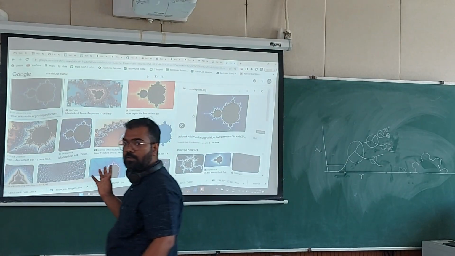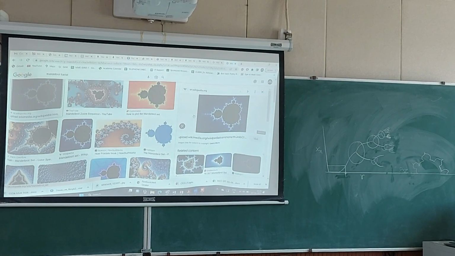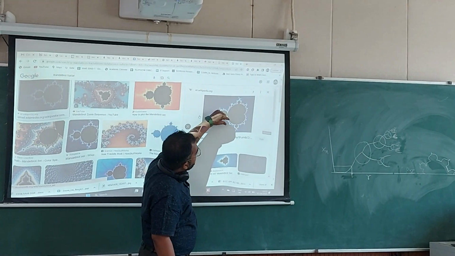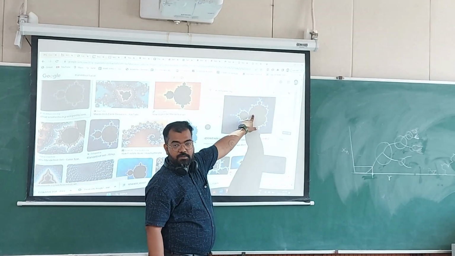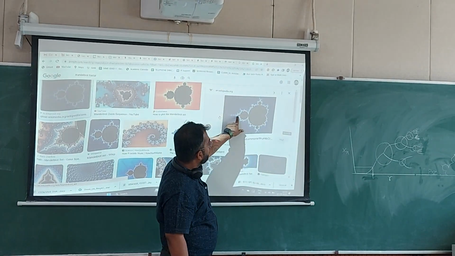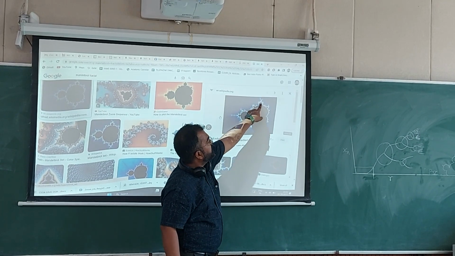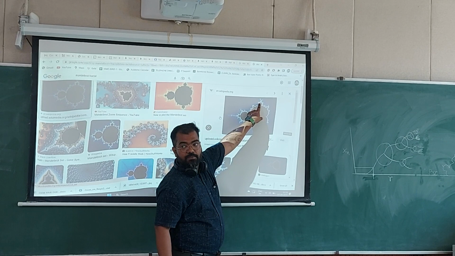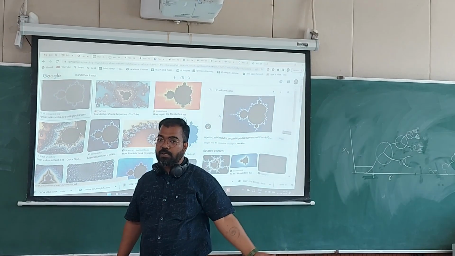Have you heard of Mandelbrot? No? He has written a book on fractals and on self-symmetry. If you magnify this and look at this part, that is exactly a replication of the total figure. And then you magnify that, because that will also have a tip. You have a tip like this, you have a tip like this. When you magnify and look on this one, you also have a tip there. And then you magnify on that tip, you will again have a tip, and there is no end to it.